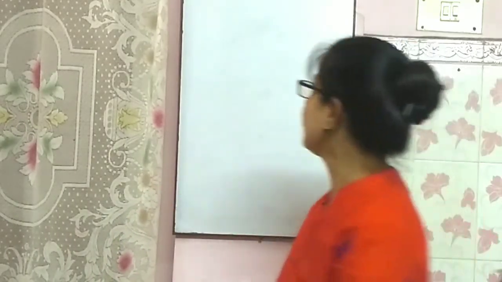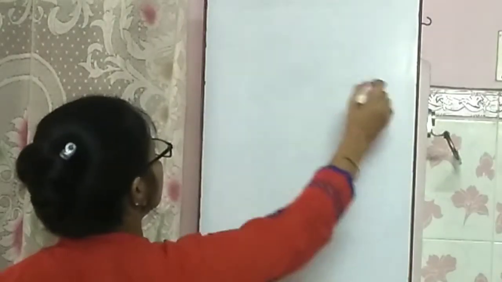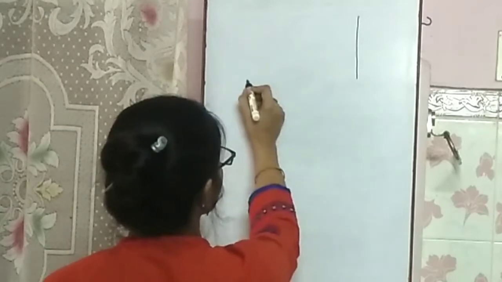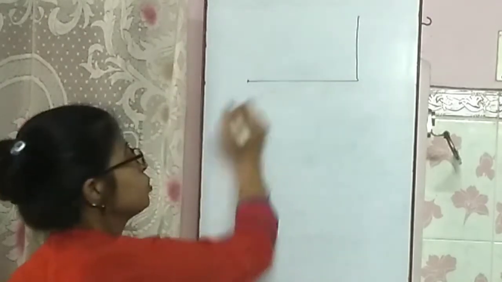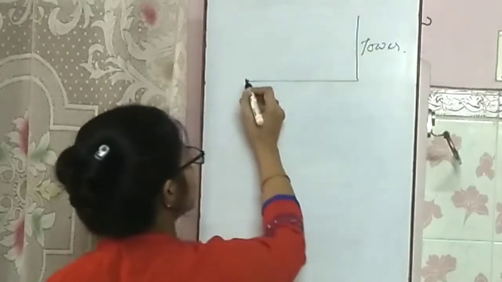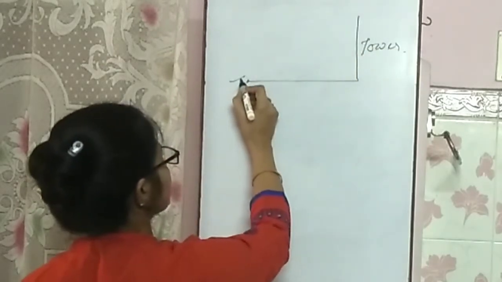So for doing this exercise, you need to know about some of the terms. Those are very important. Suppose here is a tower, and someone is standing at this position.